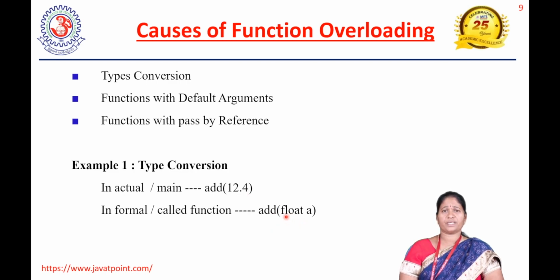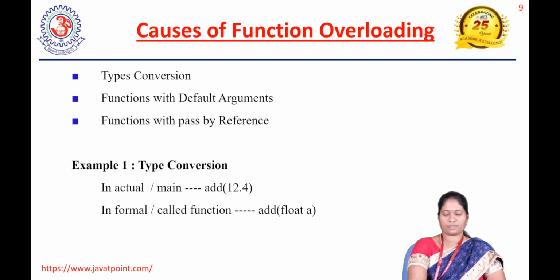So basically the float is to be converted into double. Here if you created a function with the argument float a, but you pass 12.4, both are the same, but the conversion part will struggle. So that is one problem we face for type conversion in the function overloading concept.